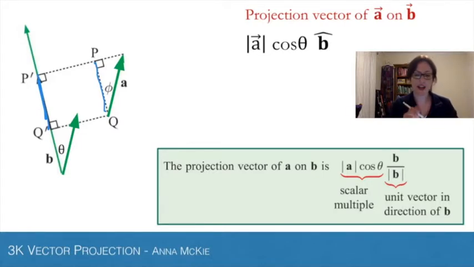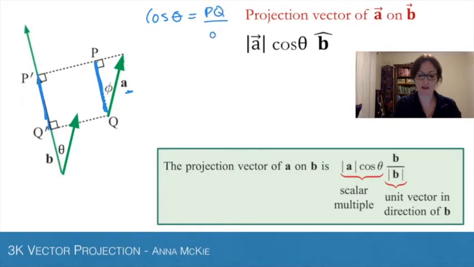Well, in relation to that phi angle, that is the adjacent side, and therefore vector A is the hypotenuse. So we would use cos. Cos of an angle is the adjacent over the hypotenuse. The adjacent is PQ, and the hypotenuse is vector A. Rearranging that for PQ, we get vector A multiplied by cos of phi, I should have said.